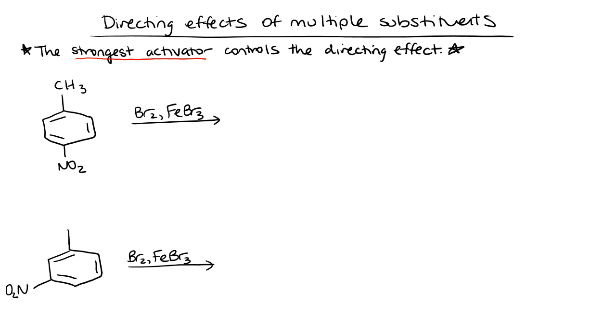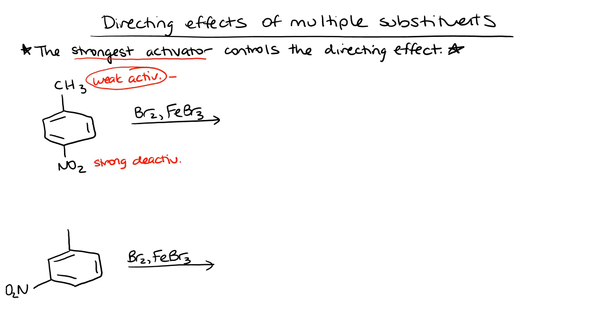So we'll go ahead and label that. Our nitro group is a strong deactivator. Now we want to focus on the strongest activator. So a methyl group, even though it's a weak activator, is more activating than a nitro group. That means our methyl group is going to be the one controlling the effect of the incoming substituent.